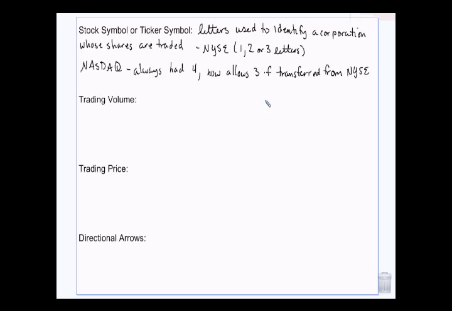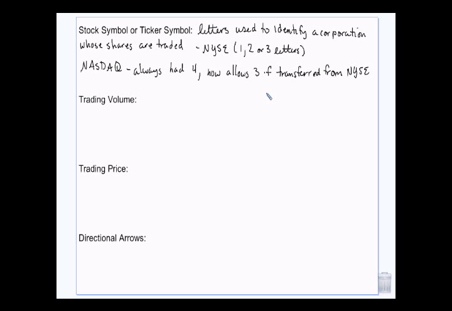The first piece of information on a stock market ticker is the stock symbol or ticker symbol. And we talked about if I incorporated Miss Eaton's Math Emporium, that'd be a lot to type across a little ticker when you're trying to get information out quickly. So they were given symbols. The New York Stock Exchange was 1, 2, or 3 letters. NASDAQ was always 4, but now some companies have transferred from the New York Stock Exchange to NASDAQ, and so NASDAQ allows 3.